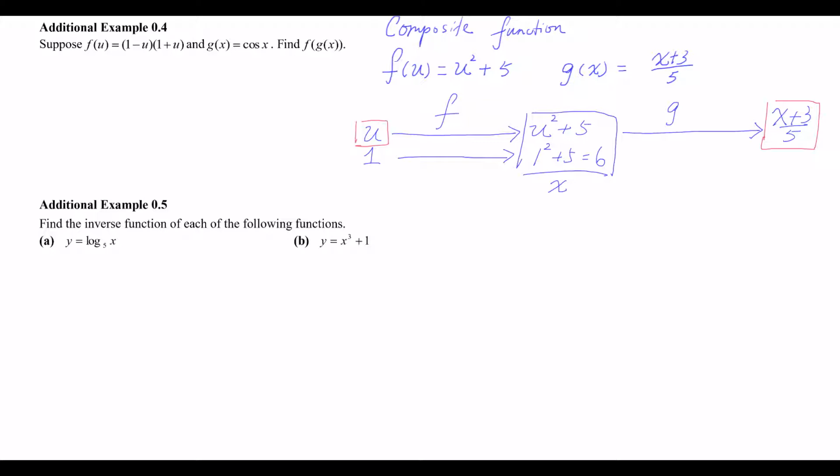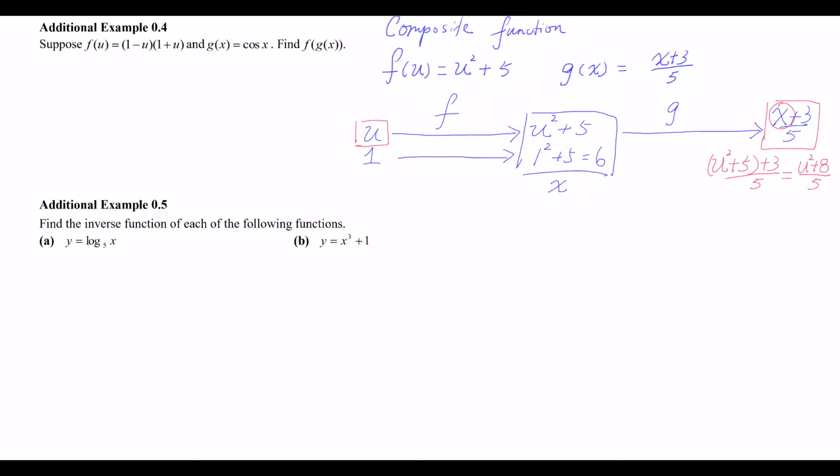Therefore, I can rewrite this by placing x here. This x actually comes from u squared plus 5, and then plus 3 over 5. We can further simplify to u squared plus 8, over 5.